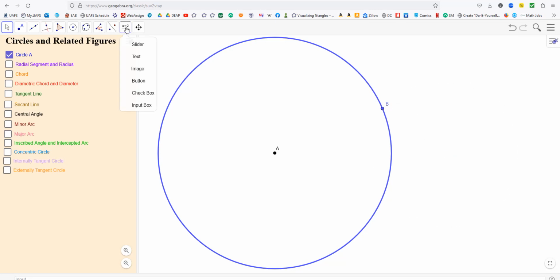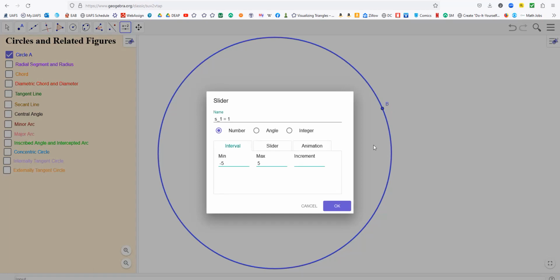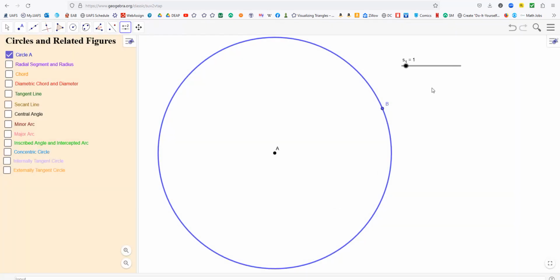So for example, just to show you, we could have a slider here. Now it needs to be positive. Call this radius. I'll just leave the name the same. So this could be the radius here, and we could then do S sub 1.